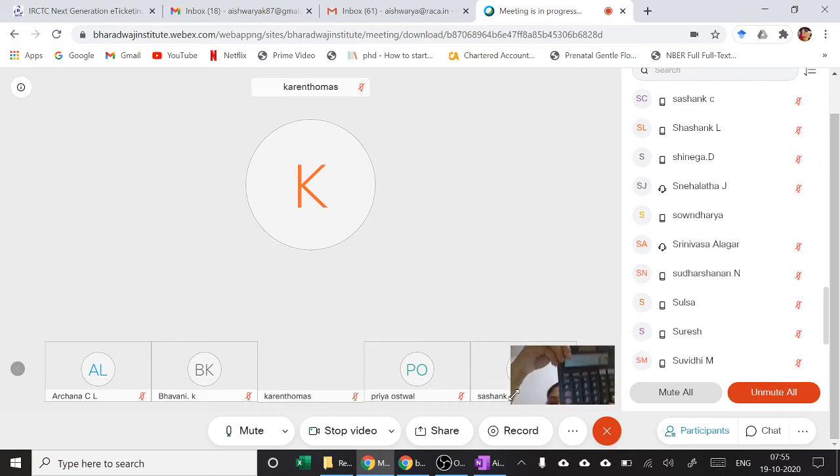Divided by 0.14, and then you press the equal to button. I'm getting 5365.24. This is what I'm getting.